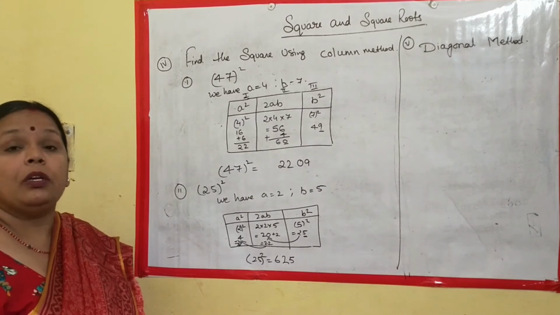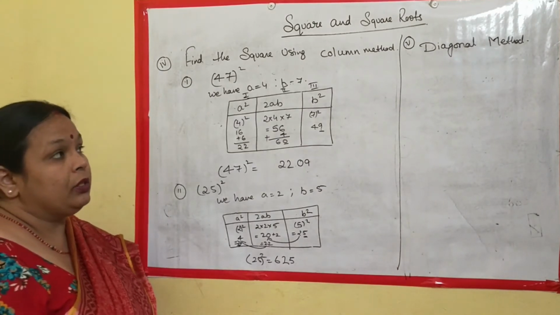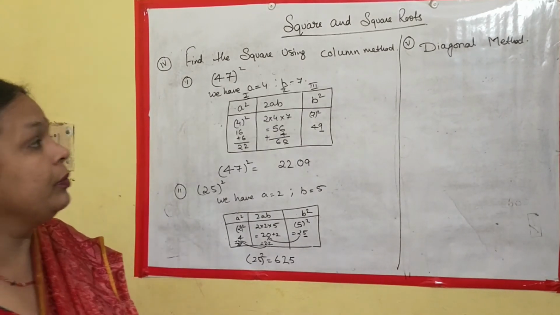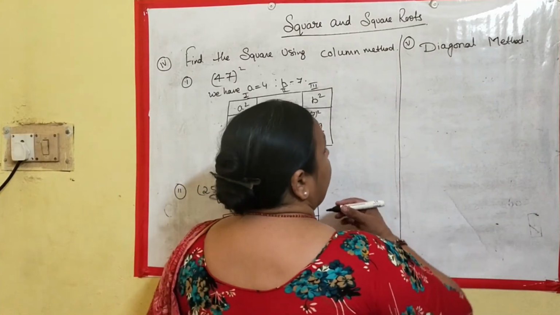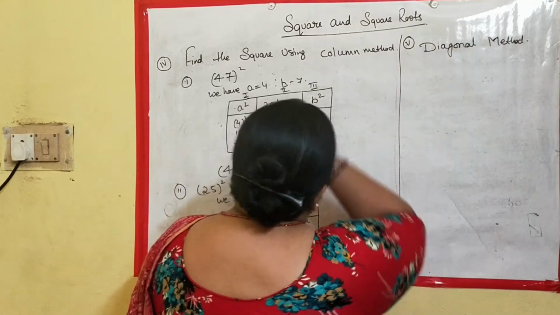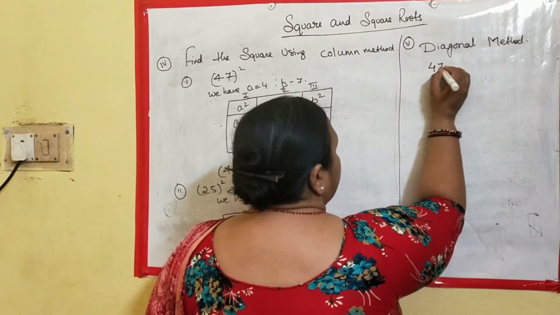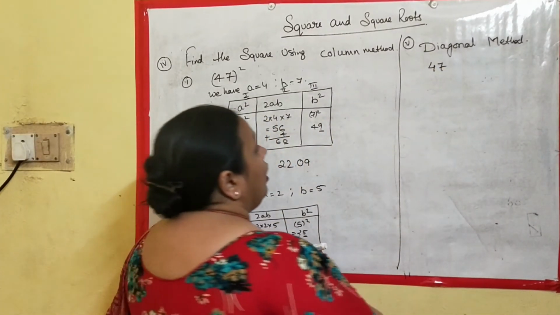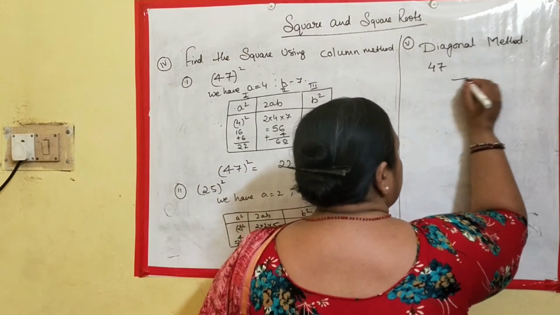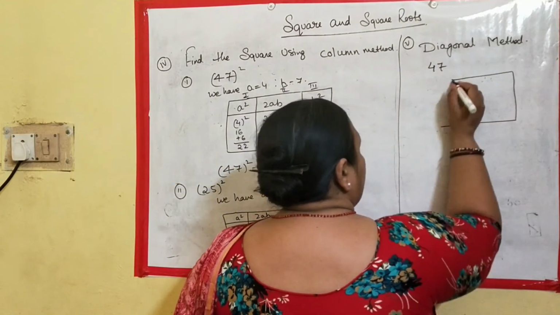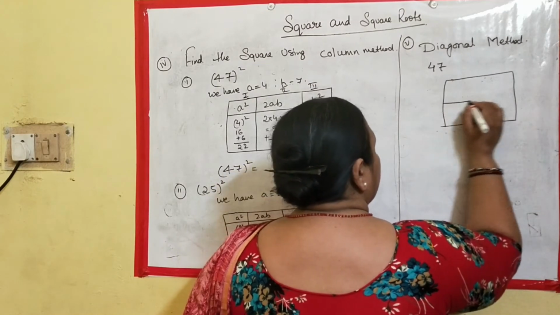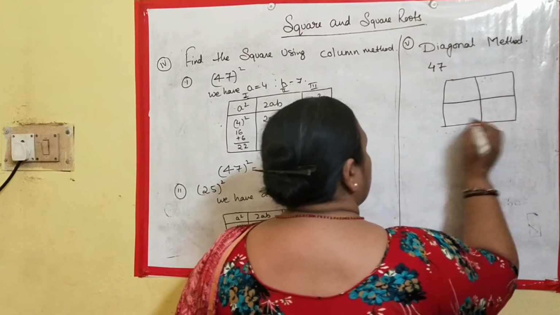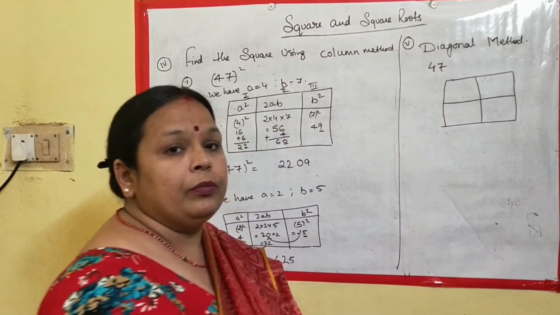Now next method is your diagonal method. Now what is diagonal method? For diagonal method, let's take the same example, again 47, as we know what we will be getting as answer. Now see, this is a 2-digit number, so we will be making a square with 2 rows and 2 columns. Clear?